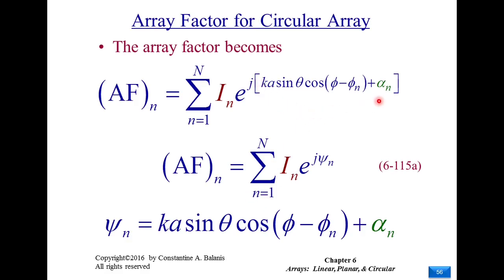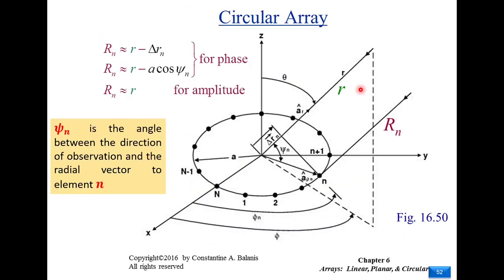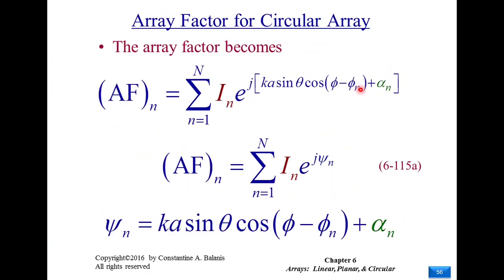We can call this psi. This is another psi, different than the ones that we see here. So now this is the psi of the array factor. And we call this phi n, which is the phase. Now the phase from element to element is increased by a certain amount. So this is the phase difference of element number n.